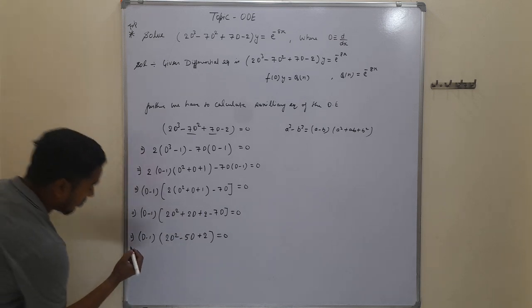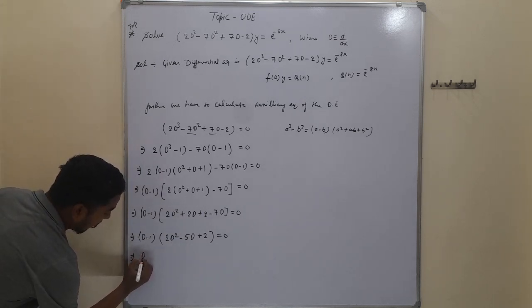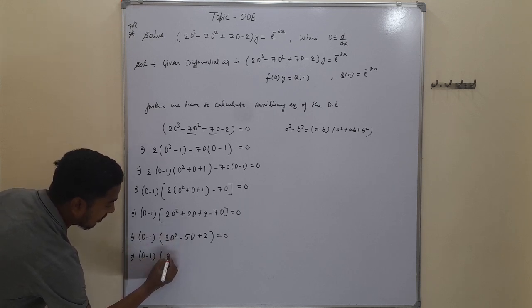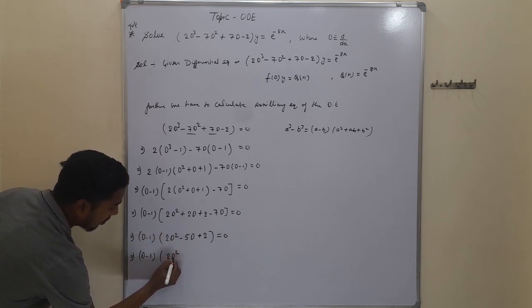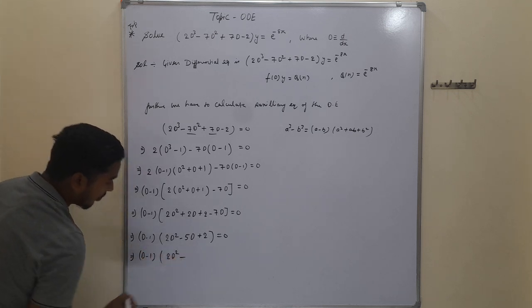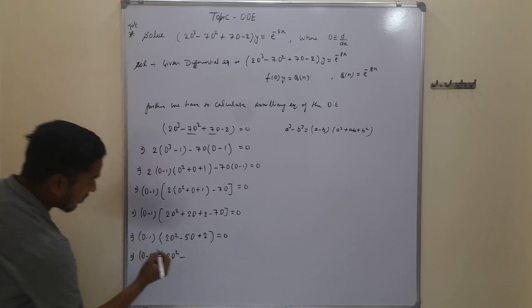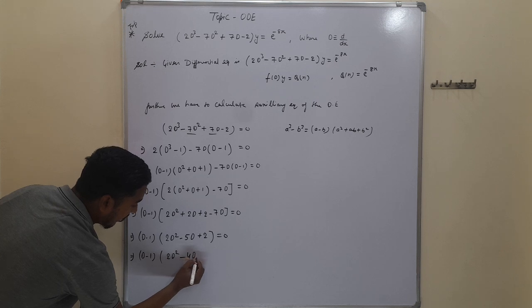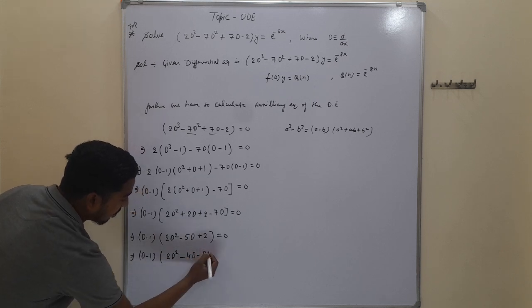We can write (D − 1), and in another bracket 2D² − 4D − D + 2.